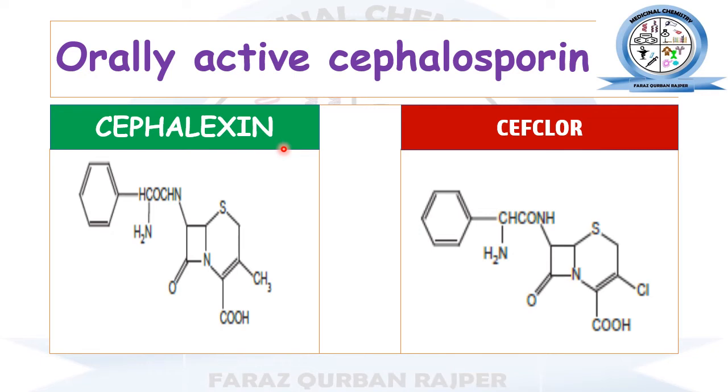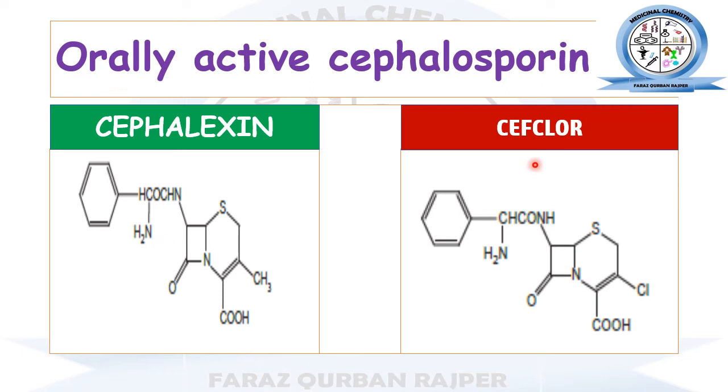These are the examples of two drugs in chemical structure: cephalexin and cefaclor. You may observe that this is the cephalexin structure. In cephalexin we have the methyl group at the 3rd position in place of the acetoxy functional group. Besides this, in the C7 acylamino side chain, this is the carbonyl carbon, this is the amide functional group, and at this alpha carbon we have the amino functional group, which is hydrophilic, making them more acid stable and more compatible for oral formulation.